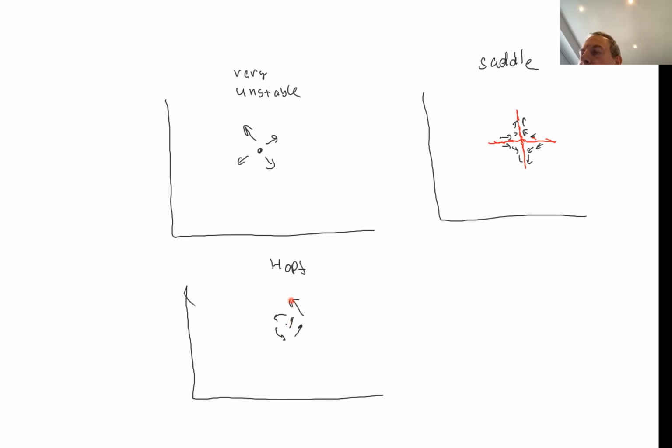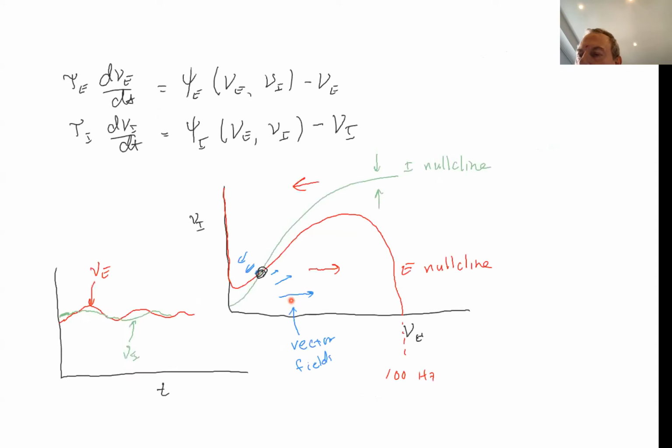So this point in the middle might be stable. It also can be unstable via Hopf, where you just circle around it. If that's the case, these oscillations last forever. If it's stable, you circle in and these oscillations are damped.